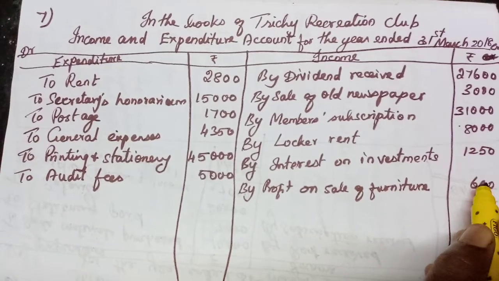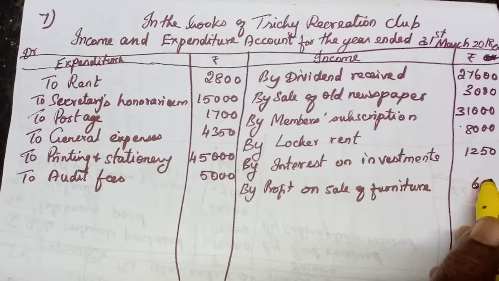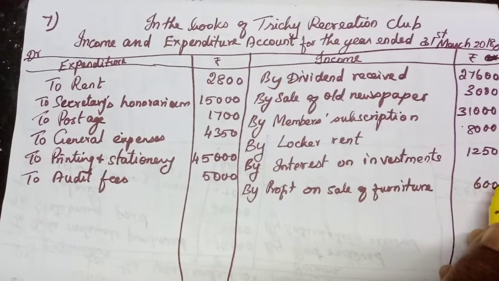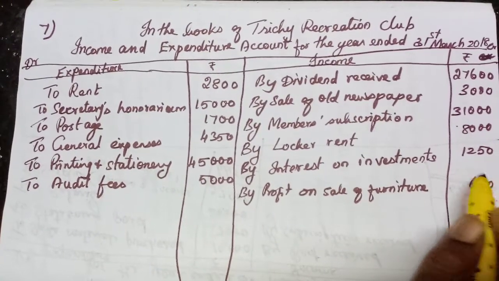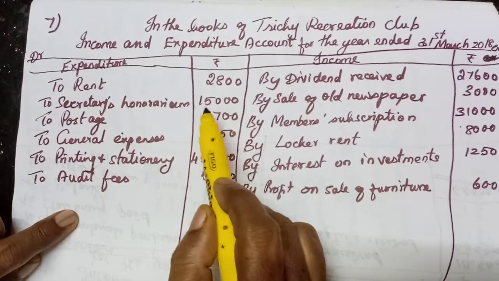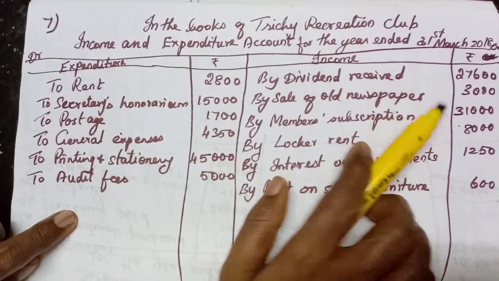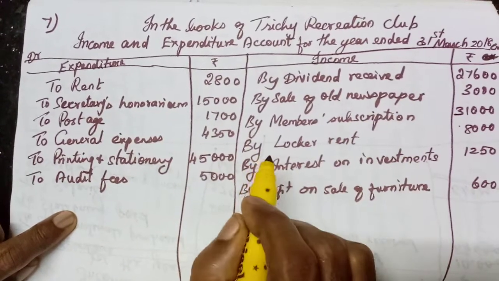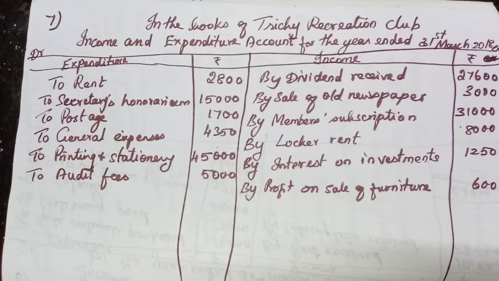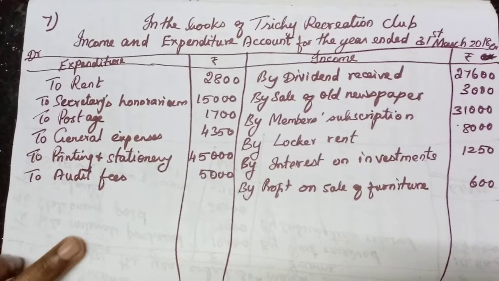Now we have to calculate the amount. Which side will be more? Here may be more, isn't it? With the pencil you have to calculate the total amount.